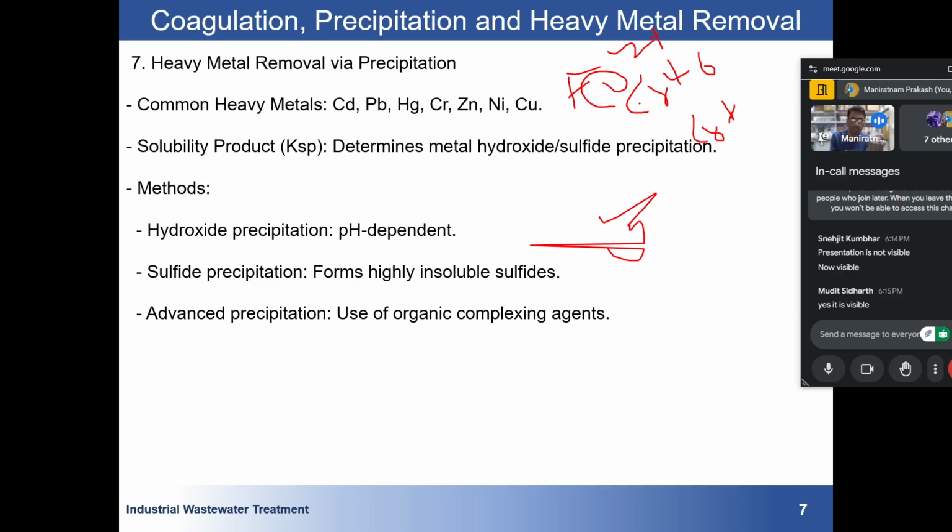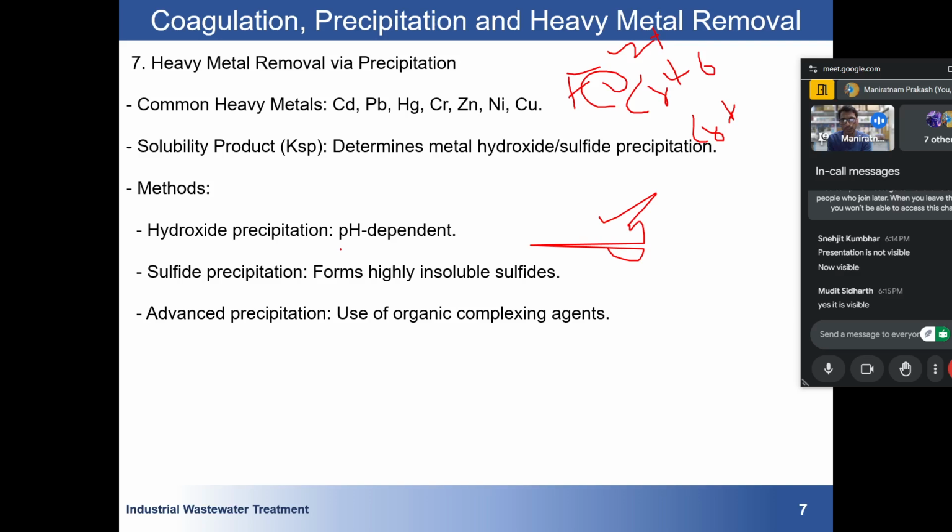There are other examples, like lead removal, and many things. How much salt should be added all depends upon the solubility product. Suppose I want to remove metal M. We will discuss what this KSP is now.